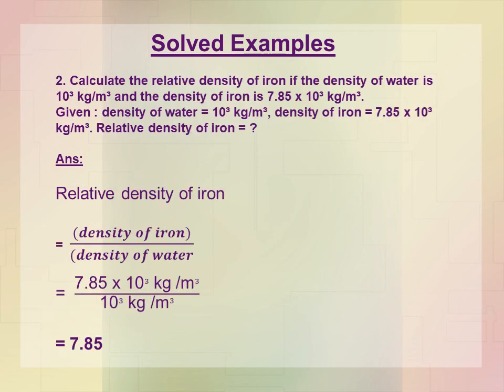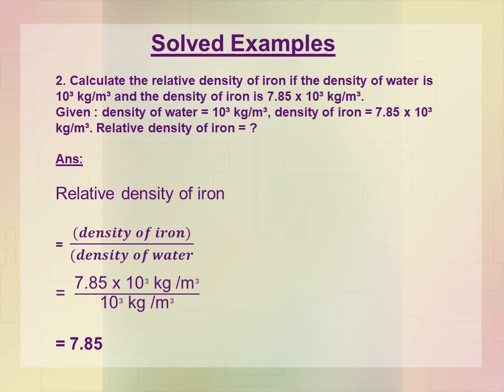Presently, we are considering only the force acting on an area in a direction perpendicular to it. According to this, the force exerted perpendicularly on a unit area is called pressure. I am repeating again. The force exerted perpendicularly on a unit area is called pressure.